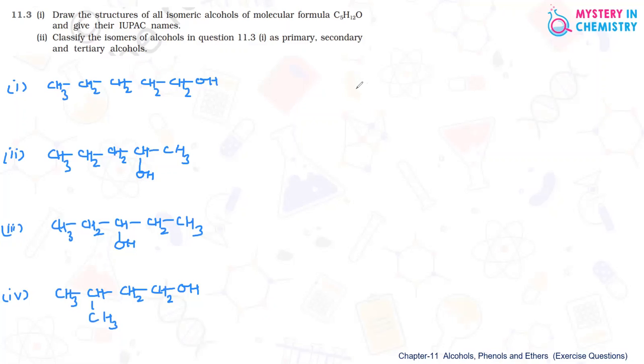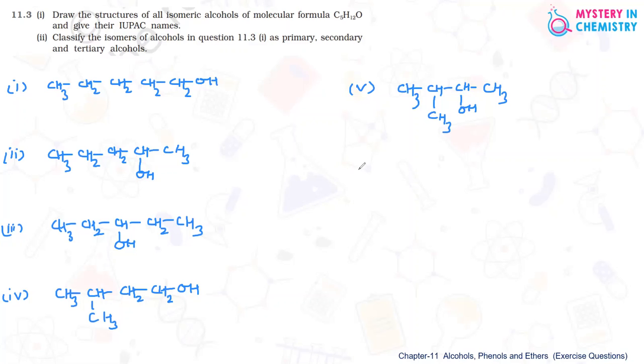Fifth isomer should be 1, 2, 3, 4, and this was the skeleton, and now we are putting OH group at this second carbon atom. So CH3, CH will be here, CH here, but here CH3 and CH3.